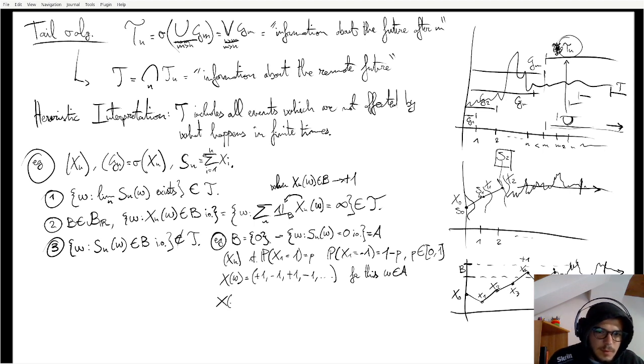But for x of omega tilde, which can be plus 1, and then again plus 1, minus 1, plus 1, minus 1, plus 1, and so on, we have that omega tilde does not fall into the set A infinitely often.